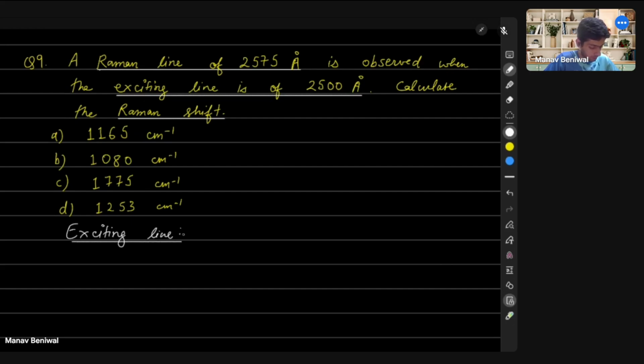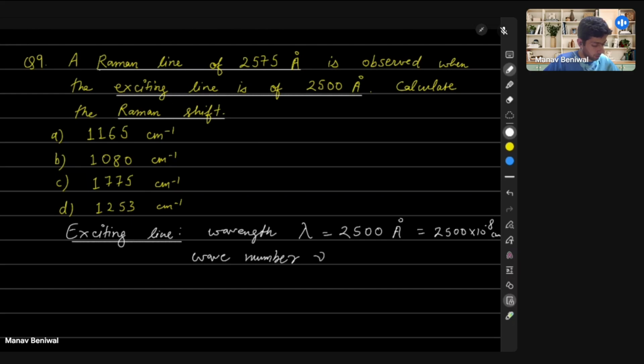Okay, so wavelength lambda is given to us as 2500 angstroms. So wave number, let's write this in terms of centimeters. So this will be 2500 times 10 to the minus 8 centimeters.